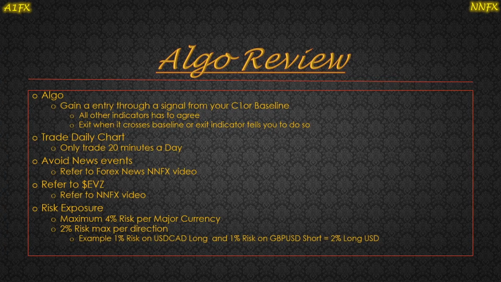And this is a big question because this is a big FAQ for the Discord, talking about risk exposure. So the overall concept is that you have a maximum of 4% risk per major currency. And what I mean by major currency is a singular currency itself.